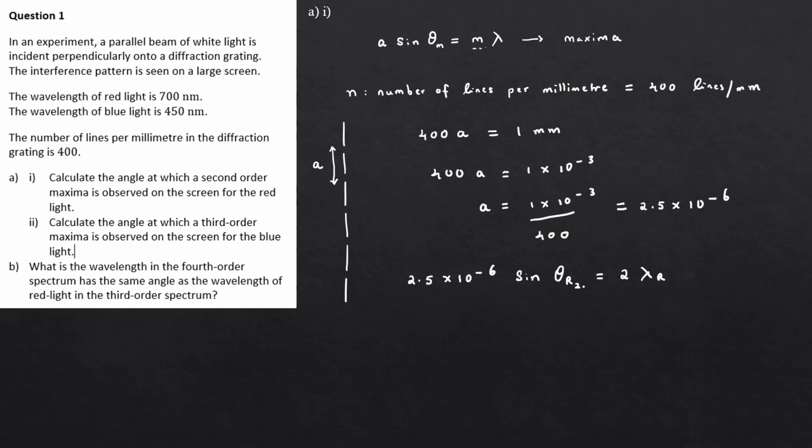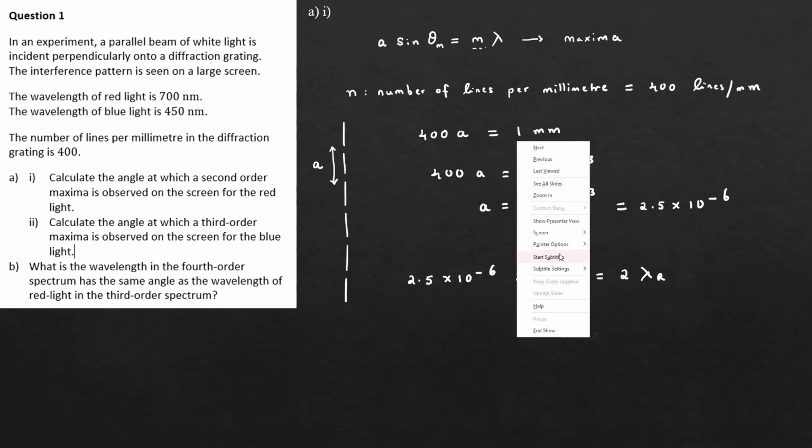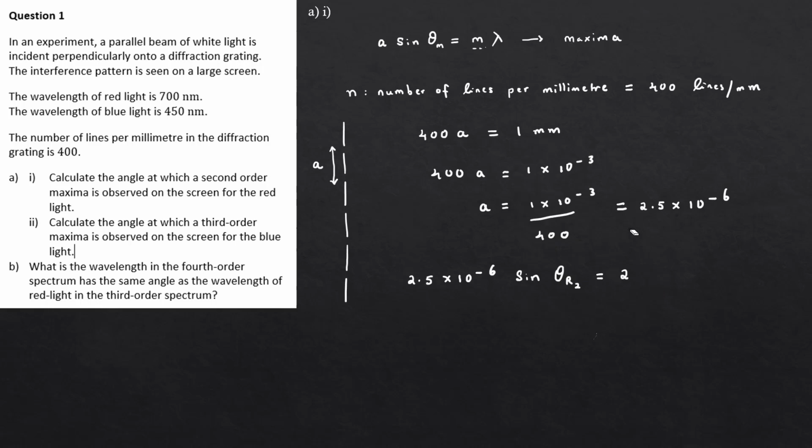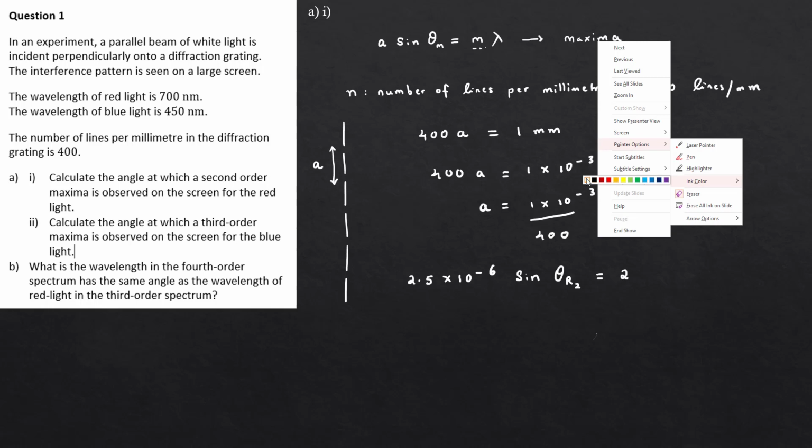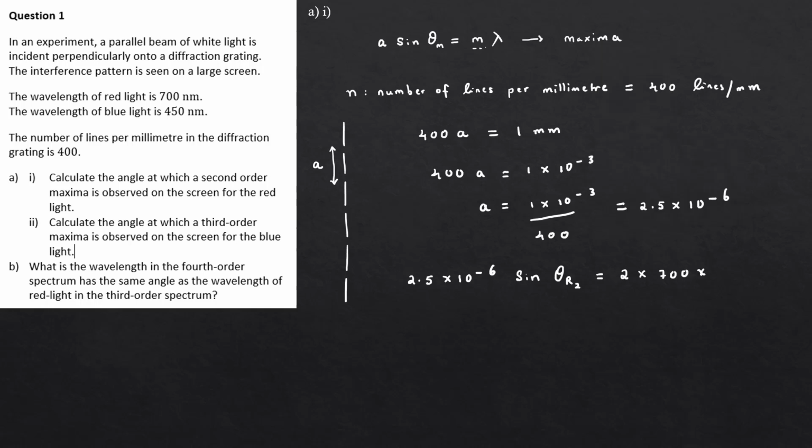And lambda red we already know is 700 nanometers, so we can put the 700 directly in, times 10 to the power minus 9, to be consistent with units. So we get sin theta 2 equal to 0.56. All we have to do is take the sin inverse of the answer, and we get theta 2 equal to 34.1 degrees. This is the angle that corresponds to the second order maxima for red light on the screen. So that is the first part.